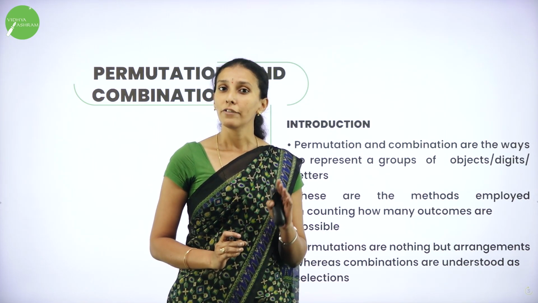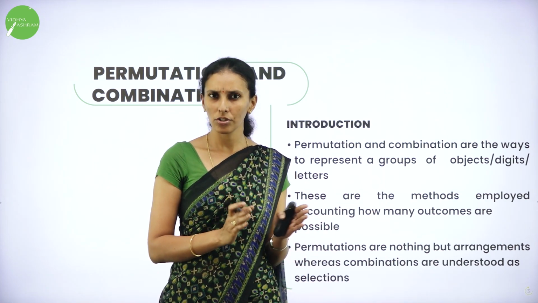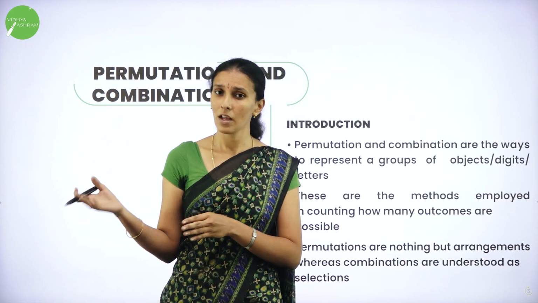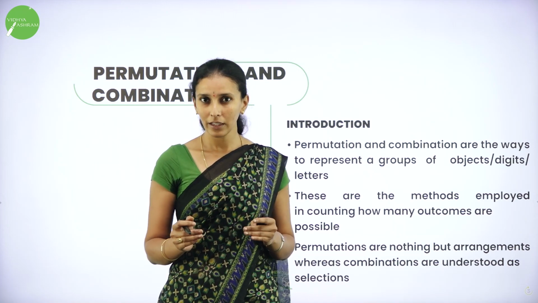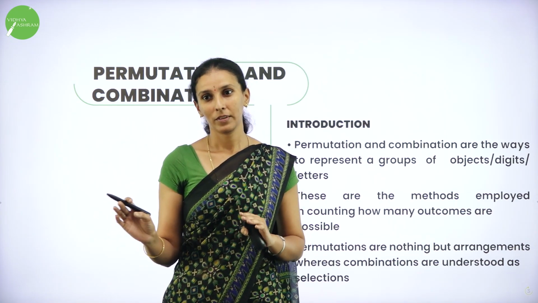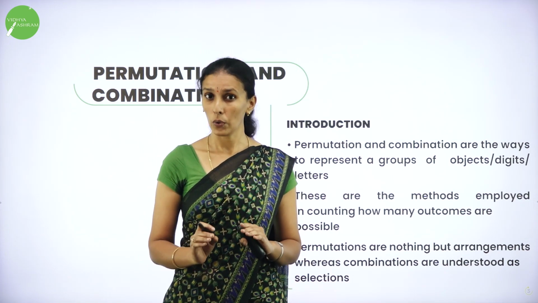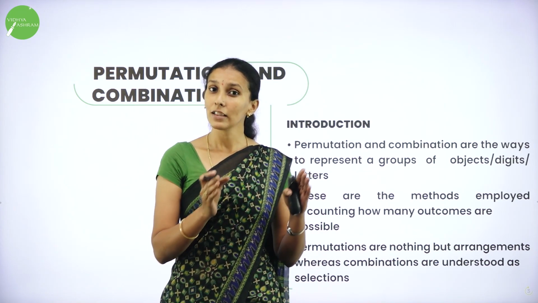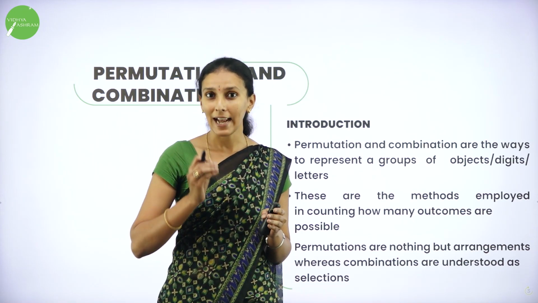There the food menu will be arranged already, like North Indian dishes, South Indian dishes, salads, starters, juices, ice creams, like that. But what you will do? You will be ordering everything? No. You will choose your favorite food, correct? So permutations and combinations are like that. Permutation means the arrangement, like the food menu, and combination means what you are going to select.